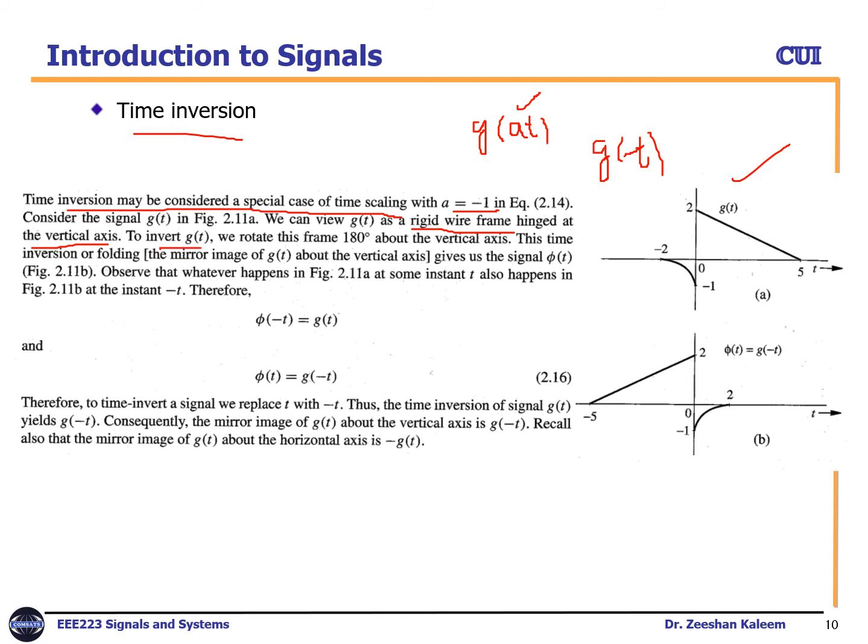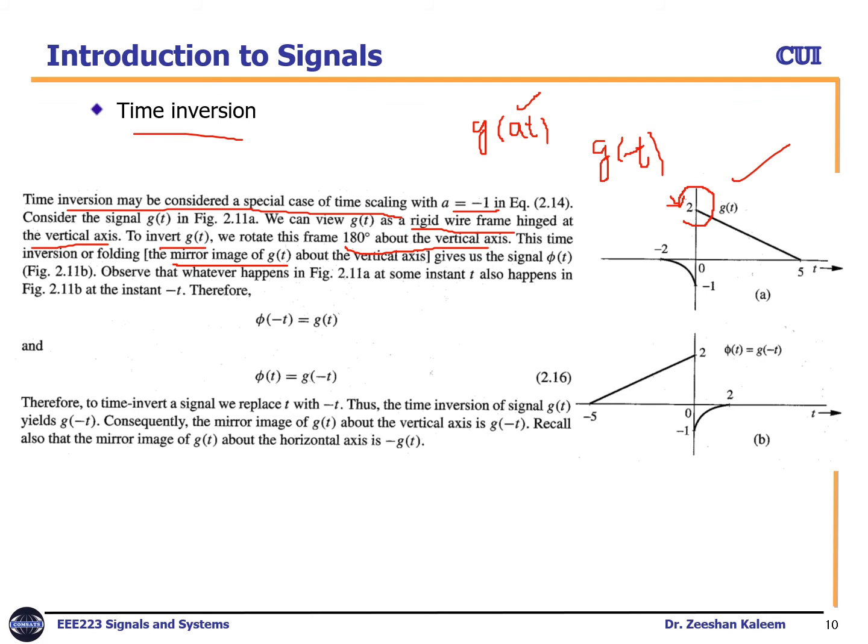So to invert g(t), we rotate this frame 180 degrees about the vertical axis. For example, you want to invert this, then you rotate 180 degrees like this, right? So it will be inverted about the vertical axis. This time inversion or folding, the mirror image of g(t) about the vertical axis, gives us the signal phi(t).